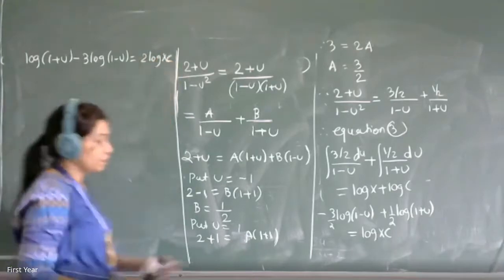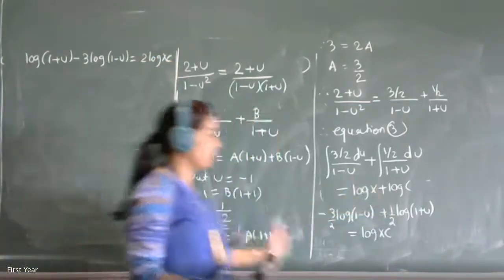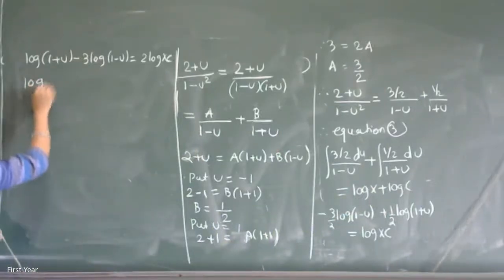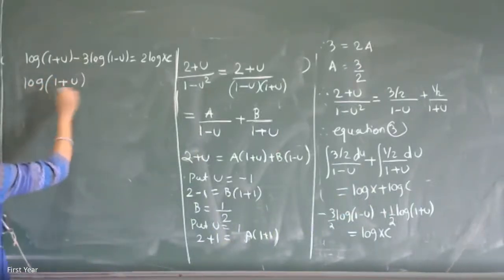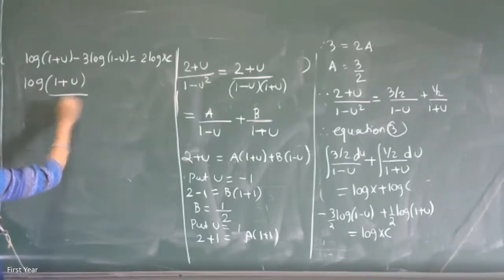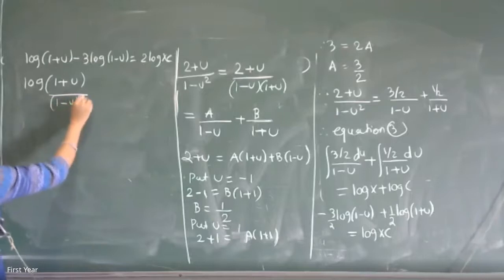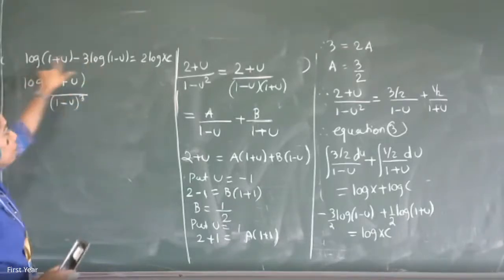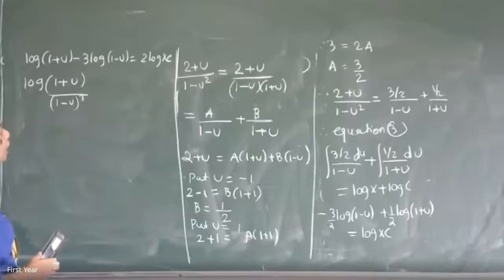What I did? Minus I wrote this side and first term I wrote plus. So this will become log of 1 plus u upon 1 minus u cubed. Log a minus log b is log a by b.